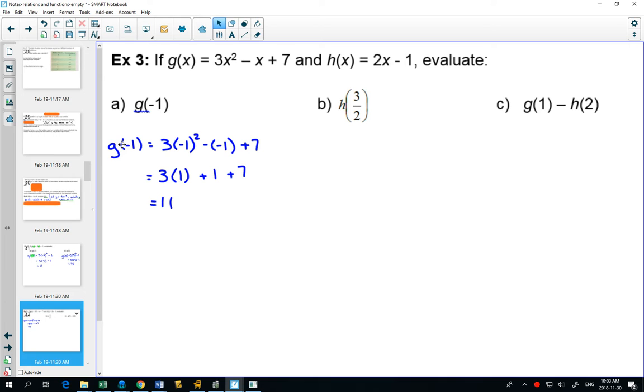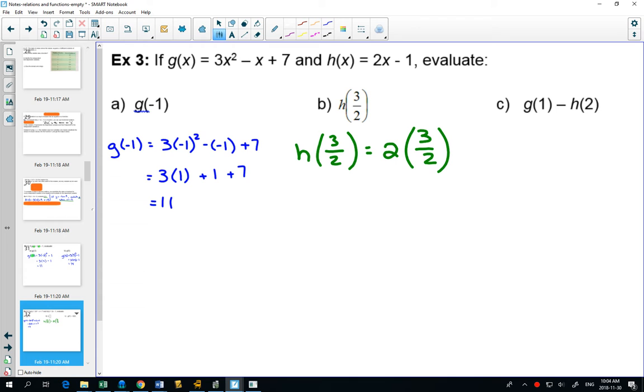For the second one, h of 3 halves. That means in h of x, every x gets replaced with 3 halves. So you'll have 2 times 3 halves minus 1. How do you multiply fractions? Well, this would be like 2 over 1. You multiply your numerators and you multiply your denominators. Okay?